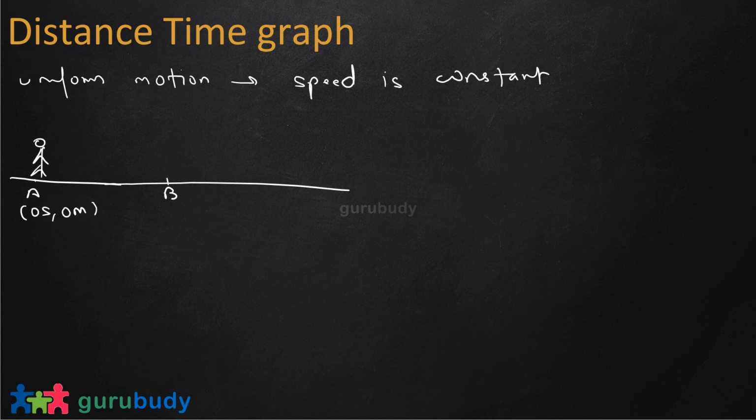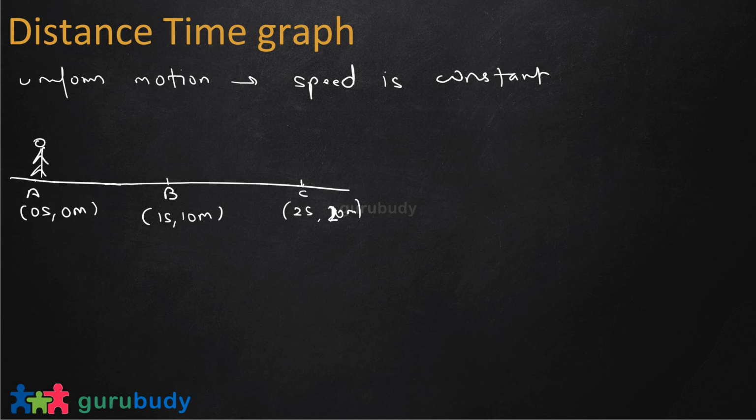Then it moves to point B, which is, let's say, 1 second and 10 meter, so in 1 second the object covered 10 meter, right? If it is uniform motion, at point C, after another second, so it is 2 seconds, the object will cover the same distance as it covered in the first second. That would be another 10, so 10 plus 10, it would be 20 meter.